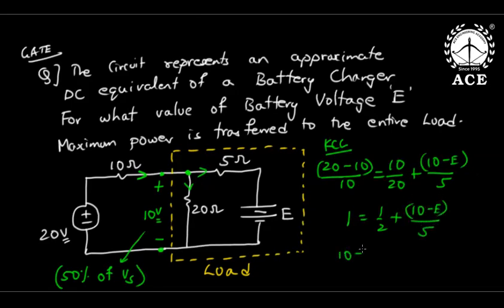So (10 minus E) by 5 is half. That implies E is 10 minus 2.5, which is 7.5 volts. 7.5 volts.